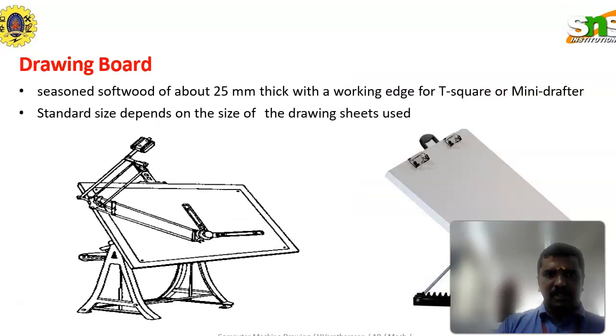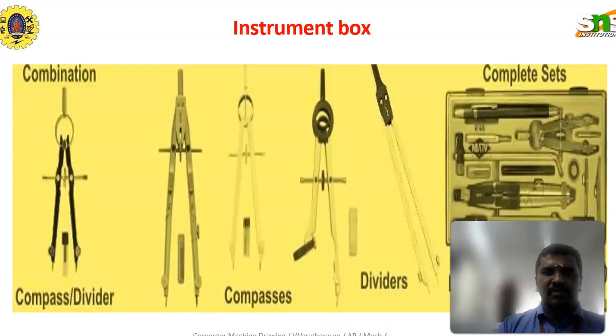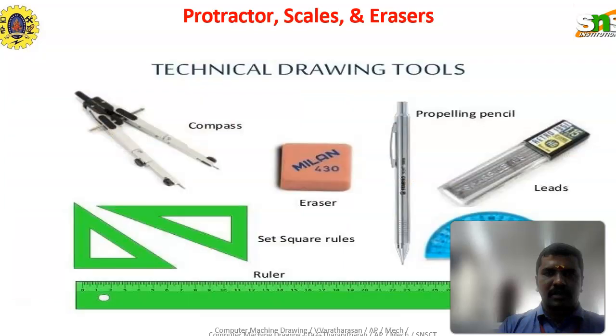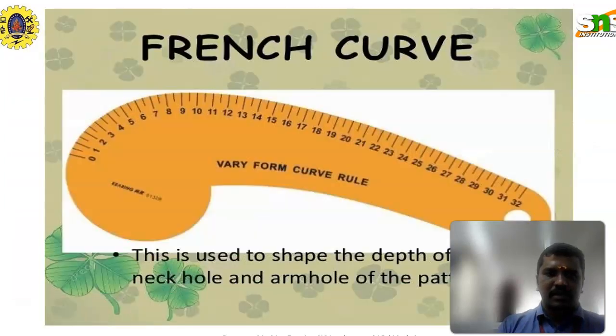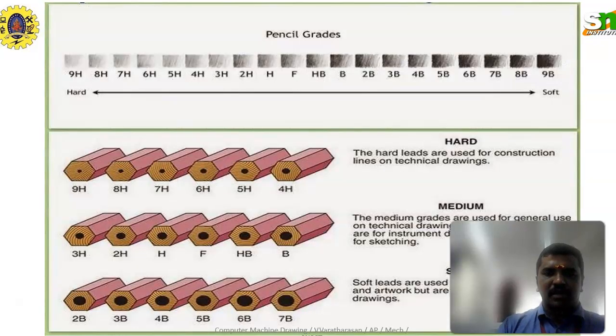One by one, we saw how each instrument is useful for drawing: the drawing board, mini drafter, instrument box and what equipment it contains, how the set square is used, the drawing tools, clips, adhesive tapes, eraser, compass, French curve, and how the template is used for engineering drawing.